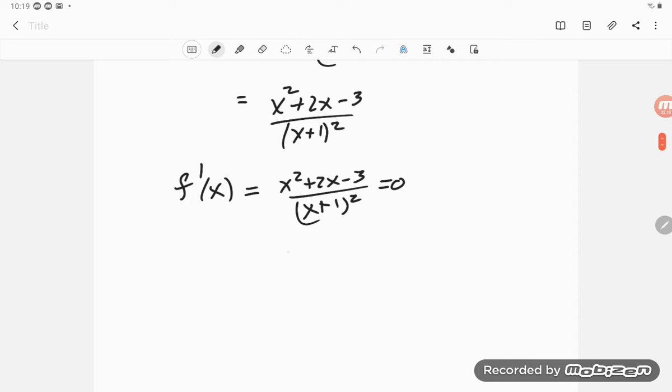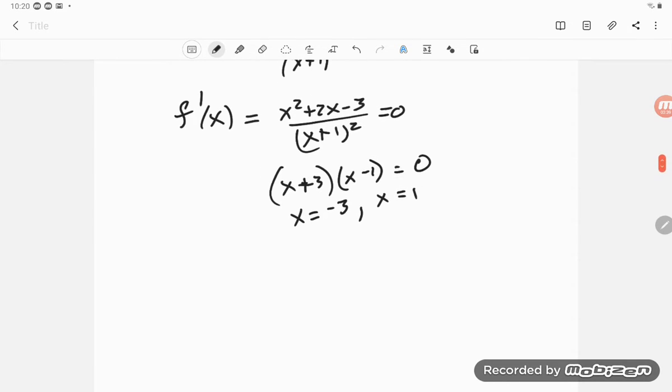I just am curious about the numerator, and I think it factors as (x plus 3) times (x minus 1). So I end up with x being negative 3 or x being 1. So there's a couple critical numbers.